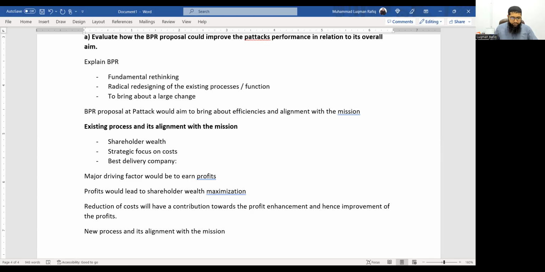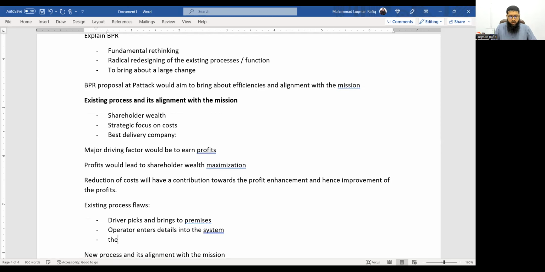Right. Okay. Now, you would relate it to the existing process's flaws, which is: the driver picks up and brings the papers to the premises, the operator enters details into the system, then the driver takes the delivery schedule and delivers accordingly.